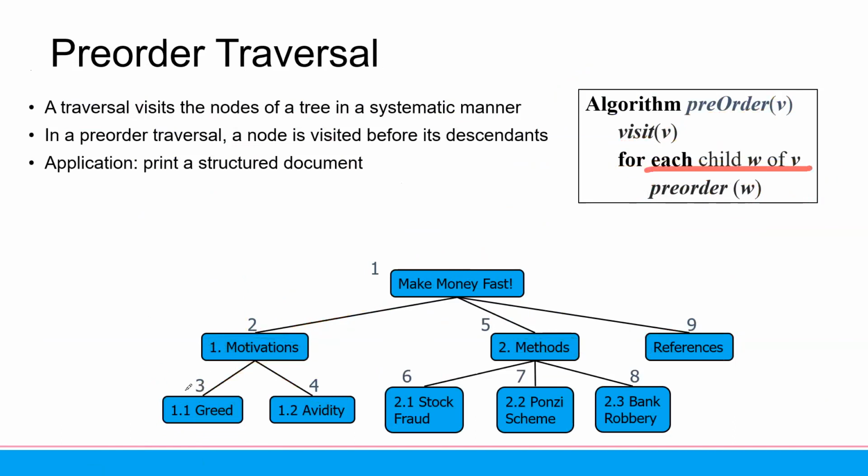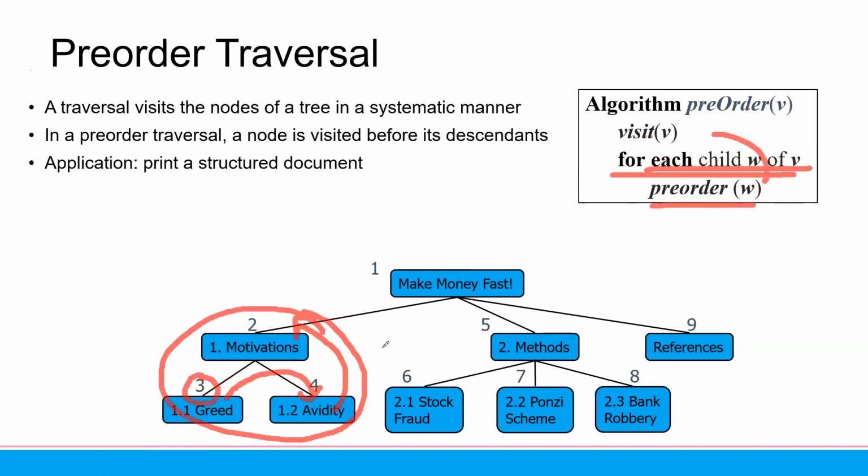So after I finish with this one, I will go to the other child. And after I finish with all this for loop, then I will go up to the previous node. Because everything was finished here, I will go back to the previous node, and I will move to the next for loop, which is the next one. So this is the algorithm.